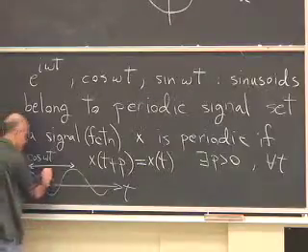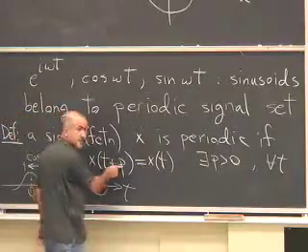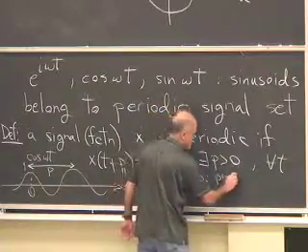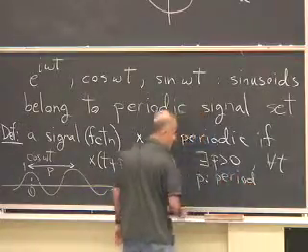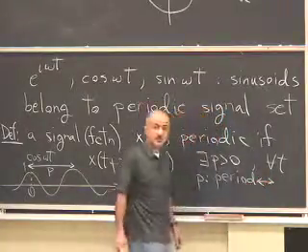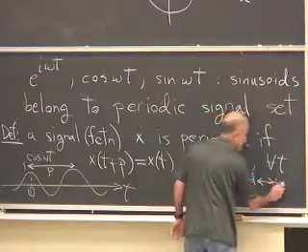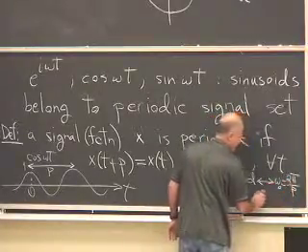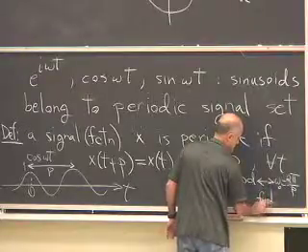P. That's what I mean by this P. So the P is called the period. It corresponds to a frequency omega naught, which is 2 pi over P, and that's called the fundamental frequency.